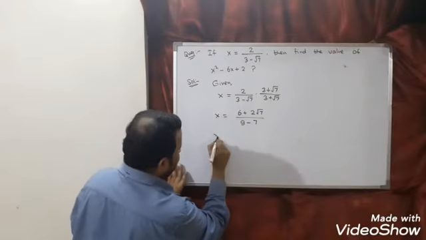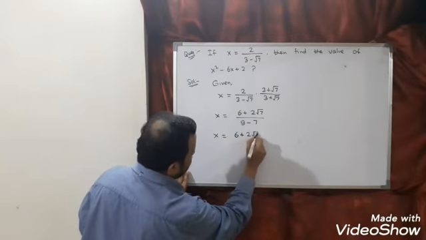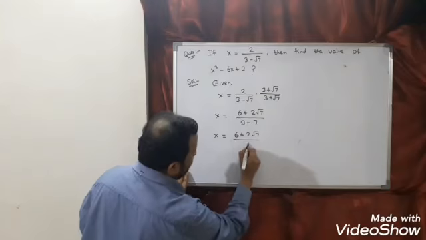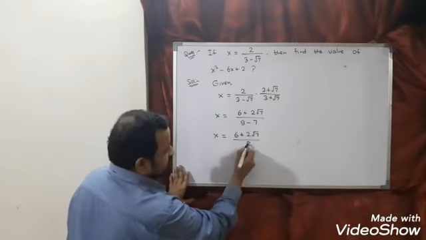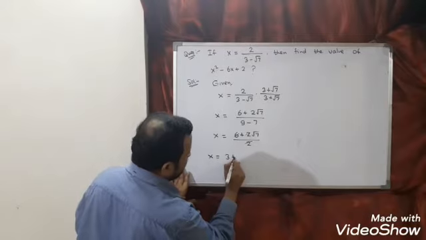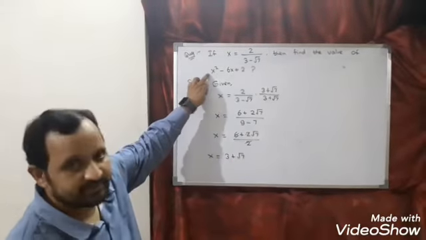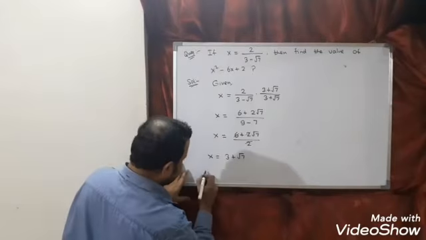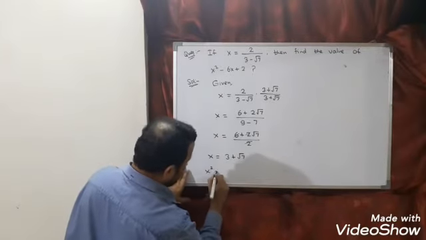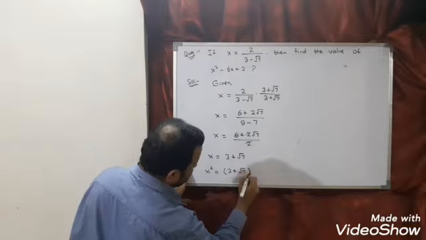So x is equal to 6 plus 2 root 7 divided by 9 minus 7, which is 2, so the 2 will get cancelled. So the x value is 3 plus root 7. Next, we have to calculate x square. If this is x, what is x square? x square is nothing but 3 plus root 7 whole square.